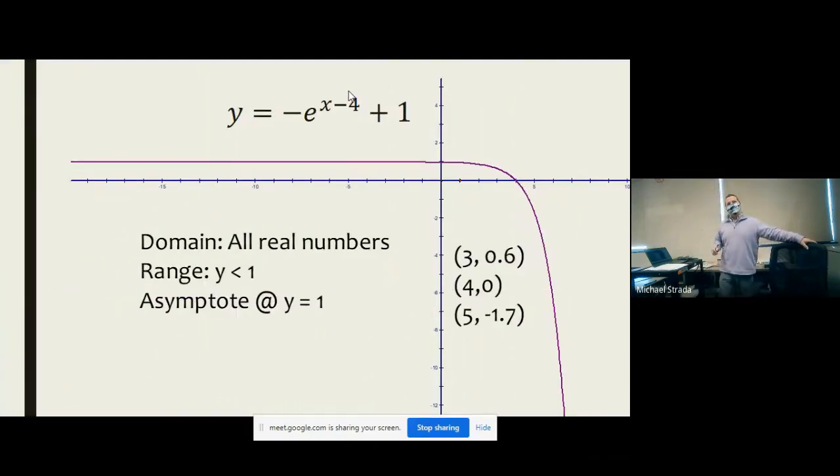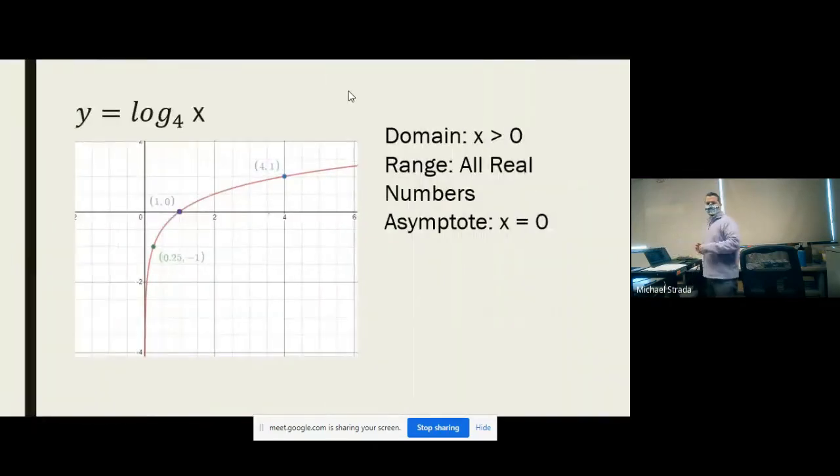Negative e to the x minus 4 plus 1. All right, there's log base 4 of x.